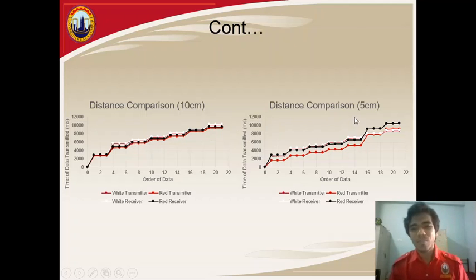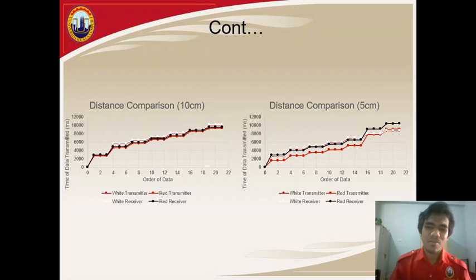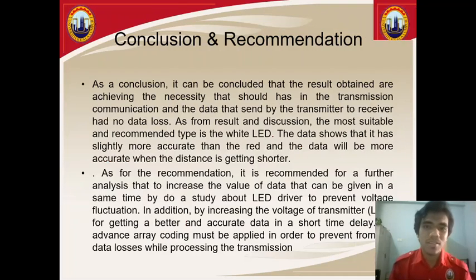But when it comes to 5 centimeter, the white is still consistent, catching the data really fast, but the red transmission is being delayed, but the pattern of the receiver is the same as the transmitter. I think that's a good thing, but it's just a delay. A delay is better than data being lost.